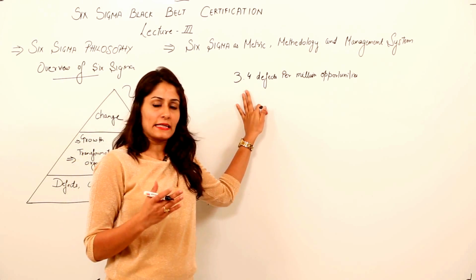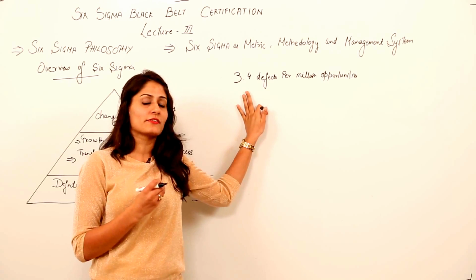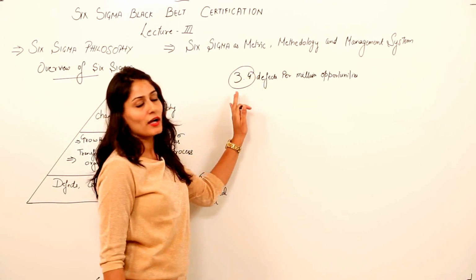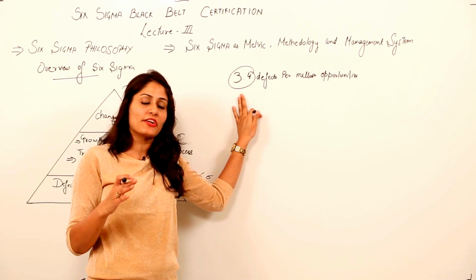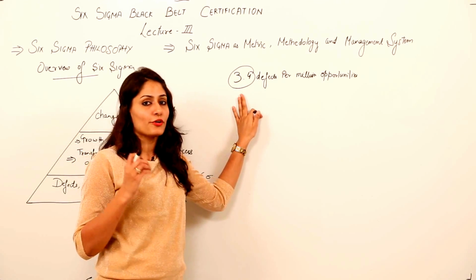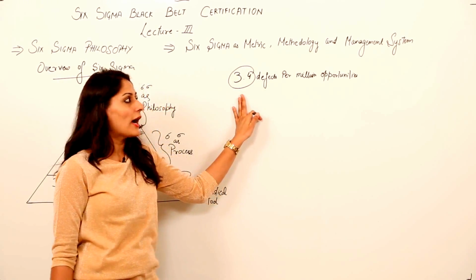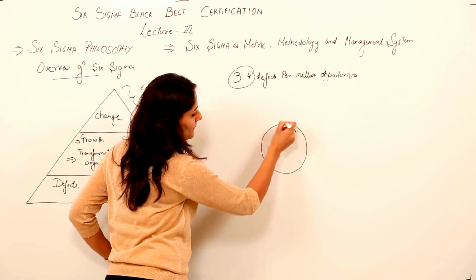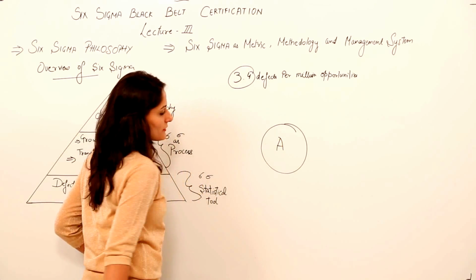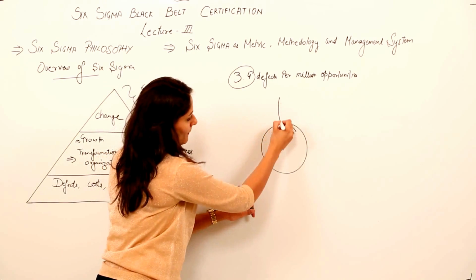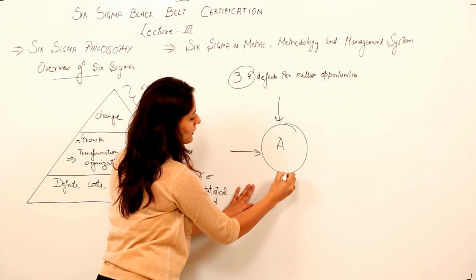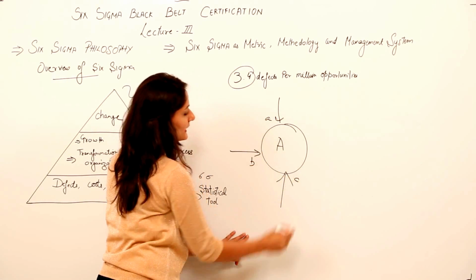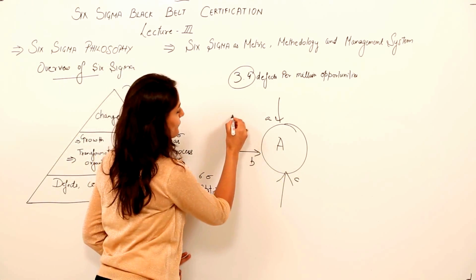Now you might be thinking that when we are using Six Sigma, then why we only need to achieve this number? Why can't we just completely remove this variation so that we have zero defect products? Okay, let me explain this in this way. Think that this A is any modern day process. There are number of factors which work on this process. Let me name them as A, B and C, and then there are noise factors.